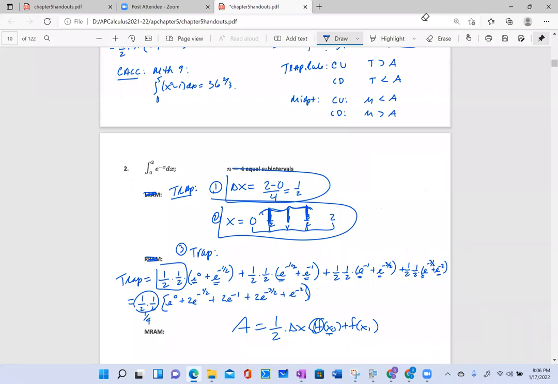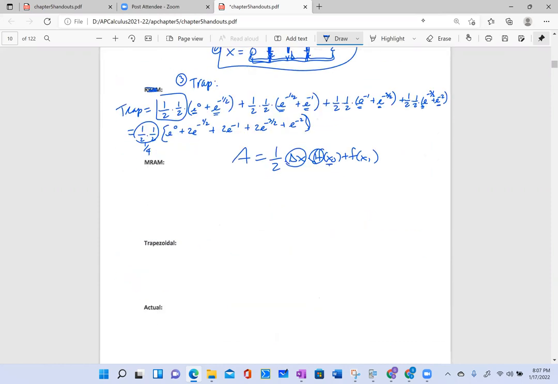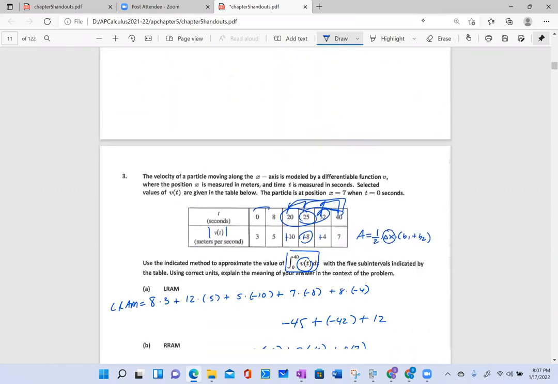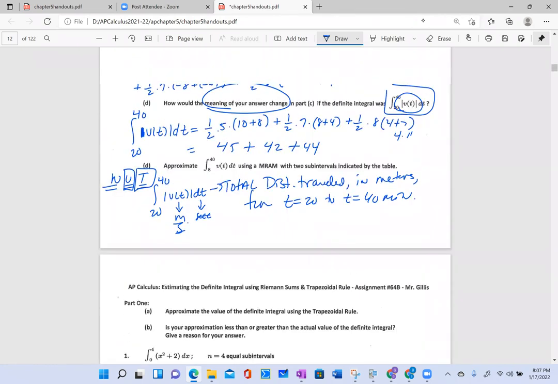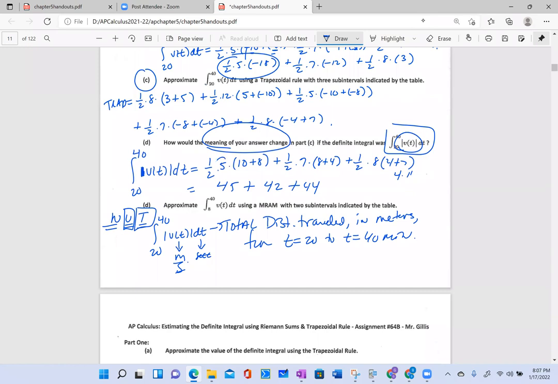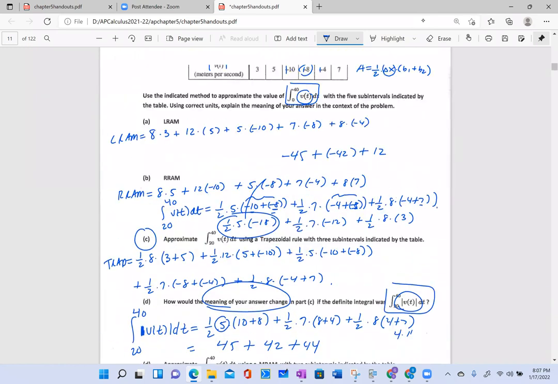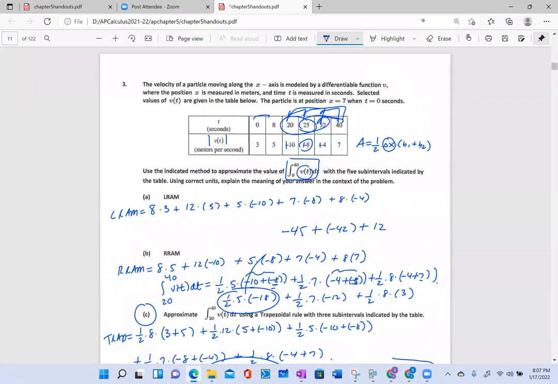Again, the delta x is your b minus a over n when the subintervals are equal size, or it is just your difference in your x's. In the earlier example, the delta x was the same for each. But in this example, the delta x was not the same. Here, it was 5, as you can see, we went from here to here.